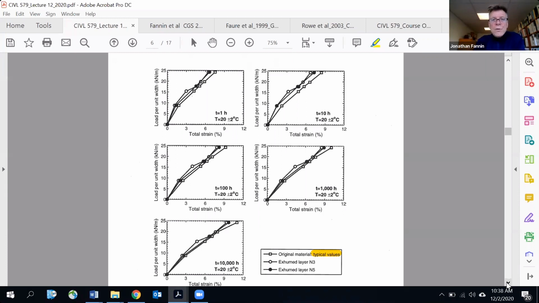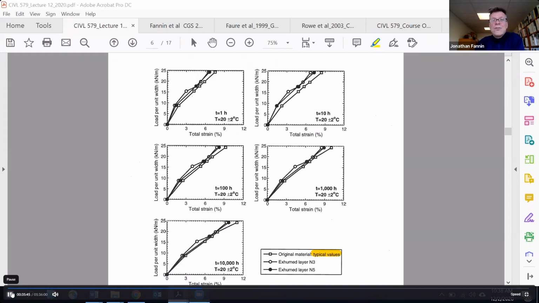And let me throw it open to you guys. Why do you think that this type of construction offers opportunity for such good agreement? What is it about this situation that gives the geosynthetic a pretty good chance of not degrading too much? So I'm going to stop sharing, and if anyone would like to offer an opinion, what is it about this Norwegian structure?